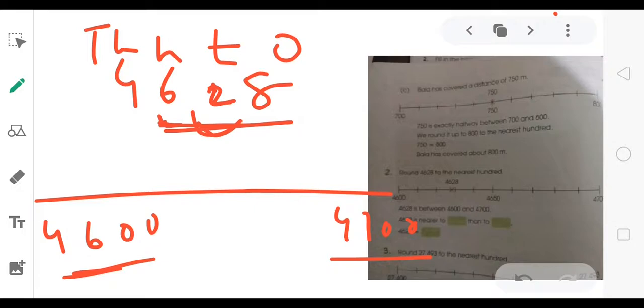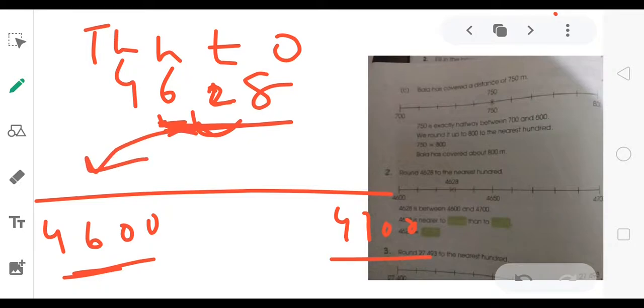Now look at the digit on the tens place, that is 2. This is a weak number, a number that is smaller than 5. So it will not change the value of this 600. So it will come over here.